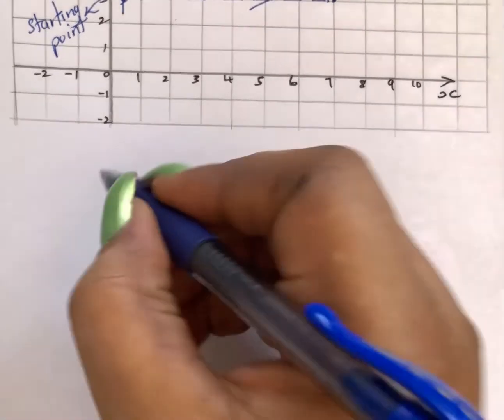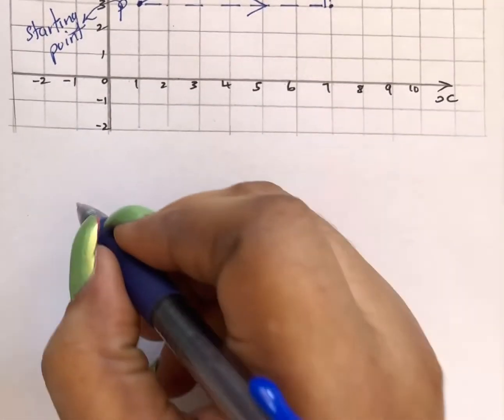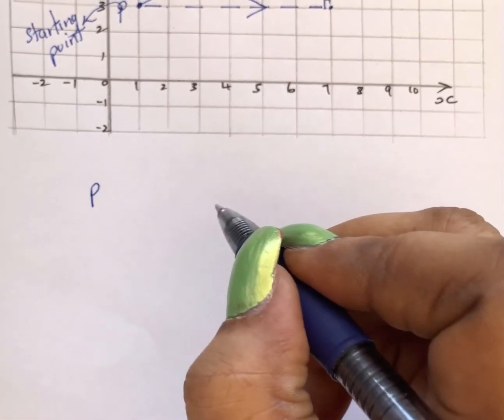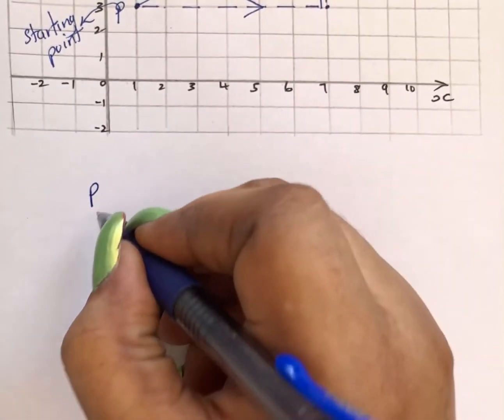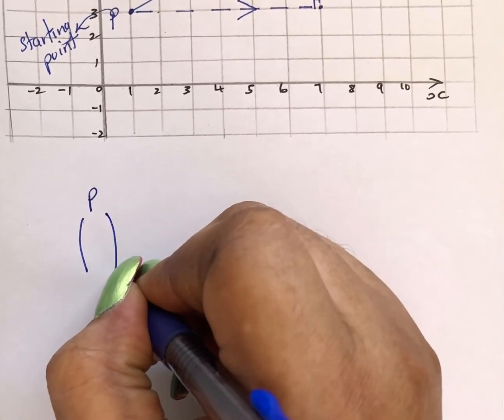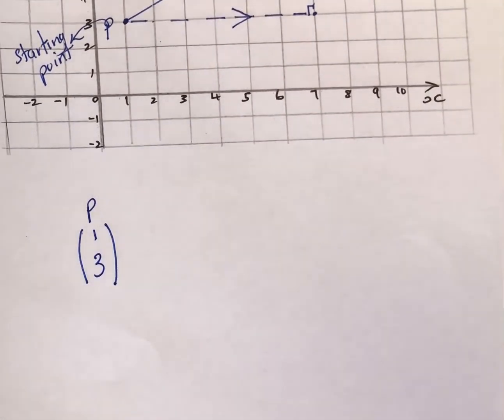And had we done that, we would have written the point P. I will now write it as a column vector. So I will write (1, 3).